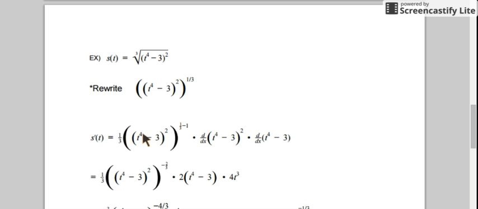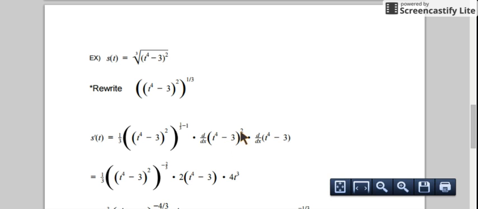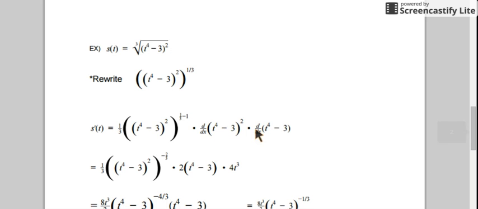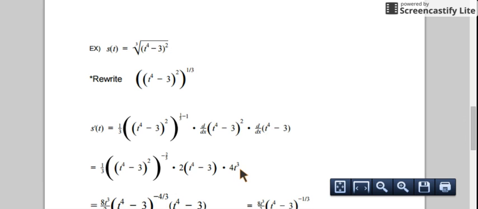So I'm going to find the derivative of something squared. I'm going to use my power rule again. Take that 2 to the front and subtract 1 from the exponent and keep the inside layer the same. Move on to the next layer, that being t to the 4th minus 3. Find the derivative of that, and we get 4t cubed.